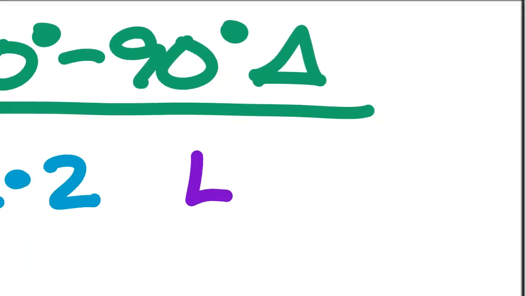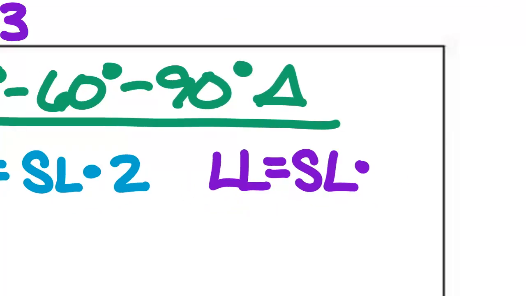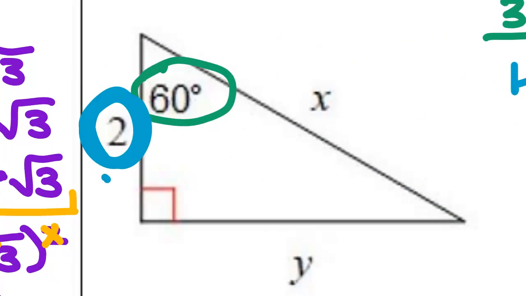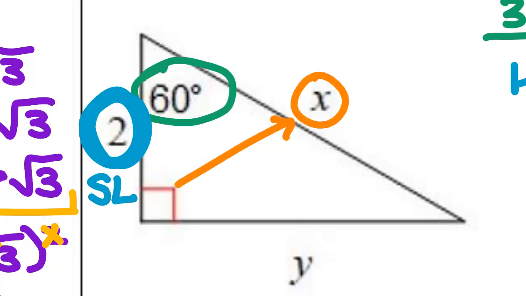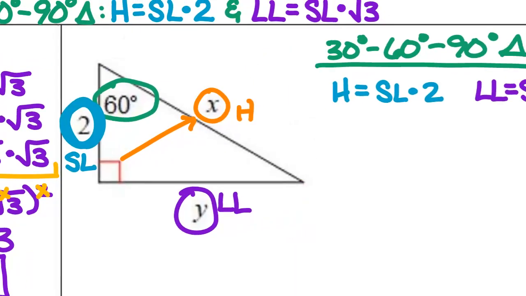And the long leg is equal to the short leg times the square root of 3. This 2 that we have right here, is that the hypotenuse, the short leg, or the long leg? That is the short leg. X is my hypotenuse.